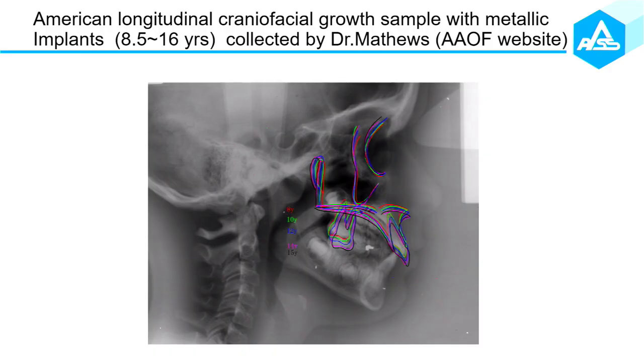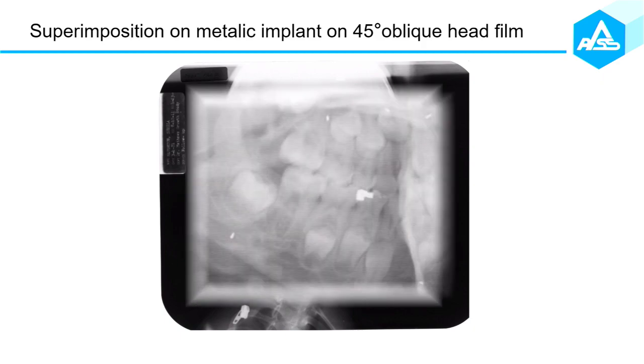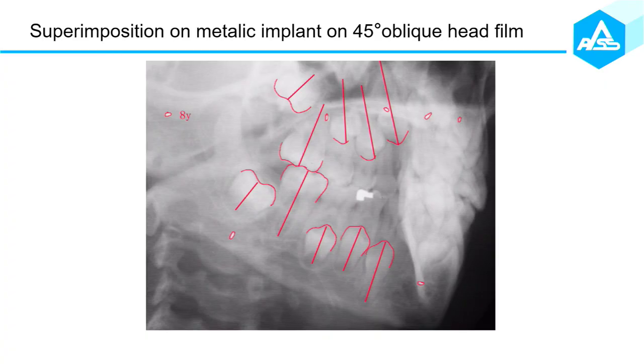You may ask, what about other buccal teeth? The good news is this sample has a 45-degree oblique head film at each observation stage. So we can take a closer look at the buccal teeth.